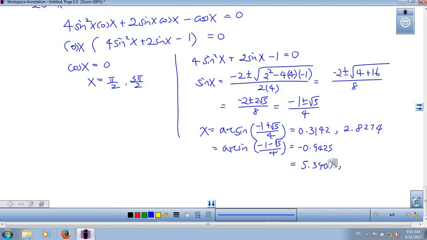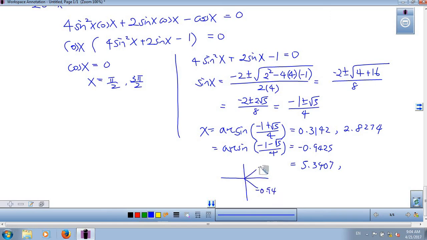But there's another angle. This is in quadrant 4, right? There's another angle in quadrant 3 that is the same as this angle. So we need to find that. Now, how do we do that? Well, if I go ahead and draw a little picture here, maybe I'll show you. So this is negative 0.94, right?